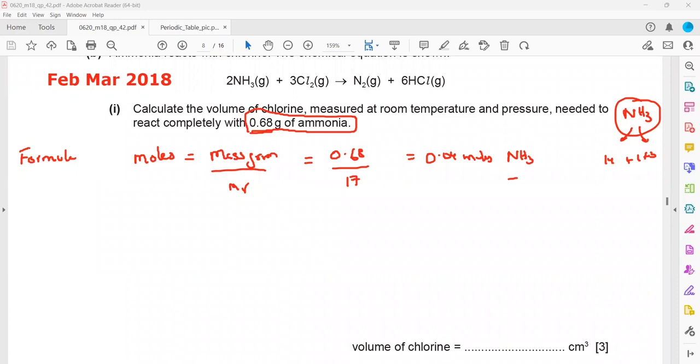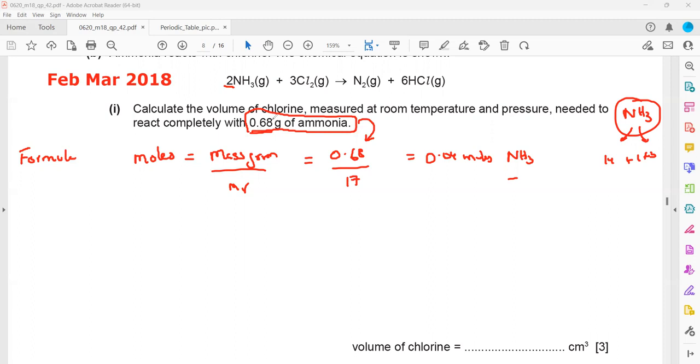Yes, we have 2 moles in the equation, but we don't bother. According to the equation we have 2 moles, that's right. But if we have 0.68 grams of ammonia, how many moles are there in this 0.68 grams? 0.68 divided by 17, that will be 0.04. According to the equation, 2 moles of ammonia react with 3 moles of chlorine.